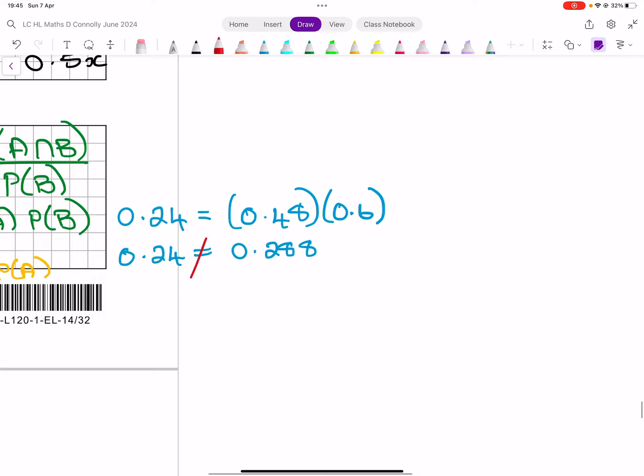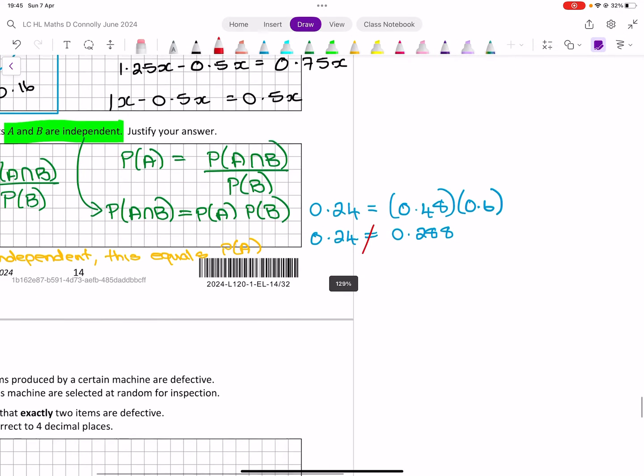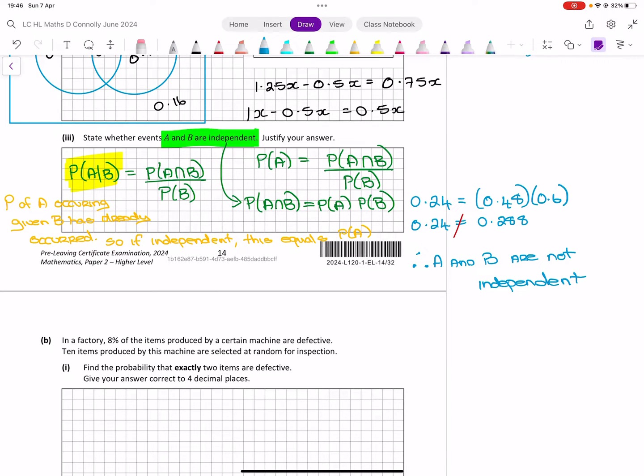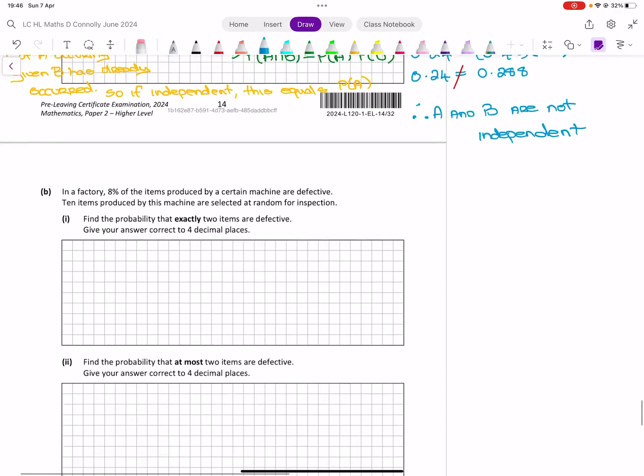So they are not equal, which means therefore A and B are not independent. Yeah, so I made that longer by not knowing the formula, but I could figure it out. So either learn it or figure it out, it doesn't really matter.